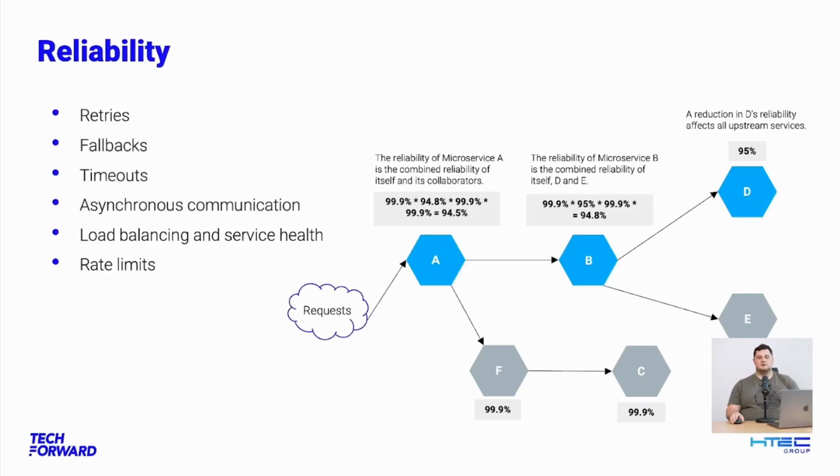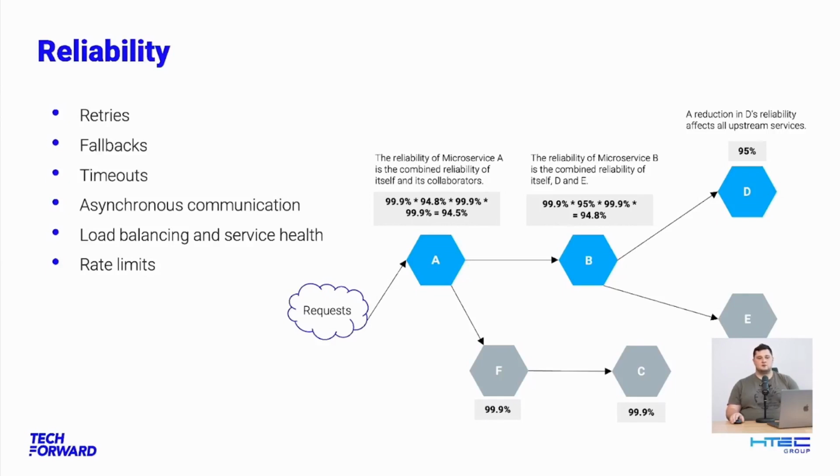There are several techniques for ensuring that services behave appropriately when their collaborators are unavailable. These techniques are retries, fallbacks, caching, timeouts and deadlines, circuit breakers, and communication brokers.